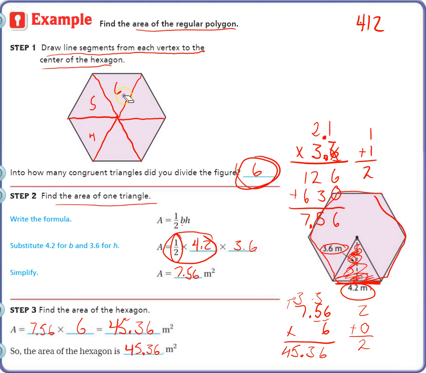So if we think about that, we found the area of this triangle 7.56, and then we knew all the rest of the triangles were also 7.56, because this is a regular polygon, so all these are going to be the same. They're going to be congruent. And if we added all those up, we would also get 45.36, or 45 and 36 hundredths.